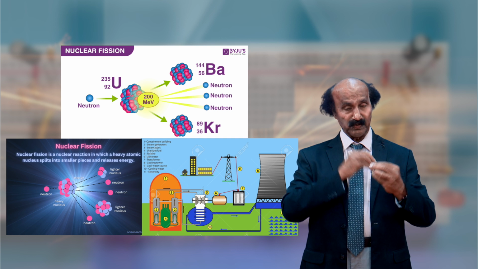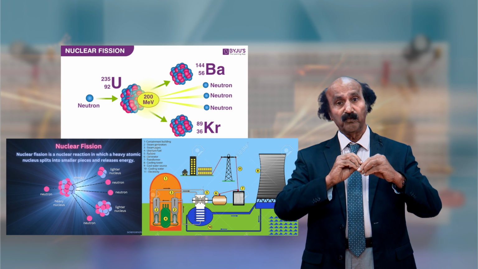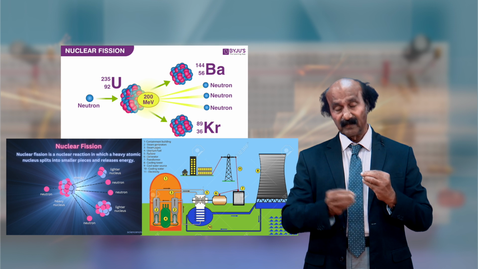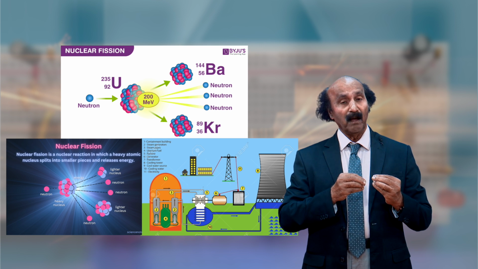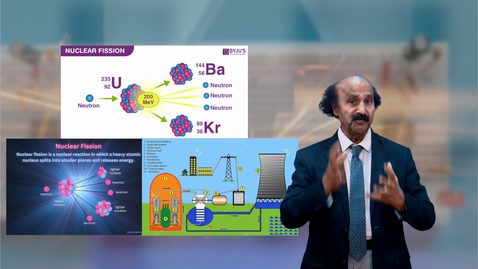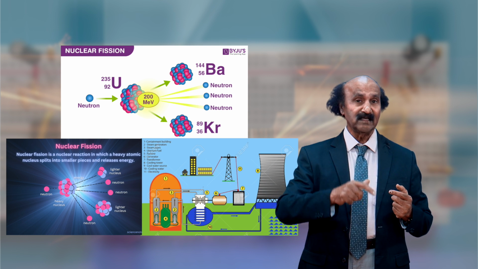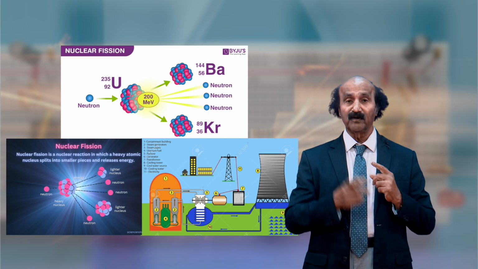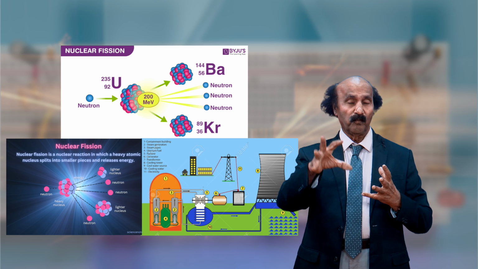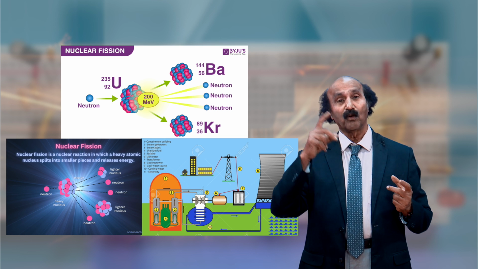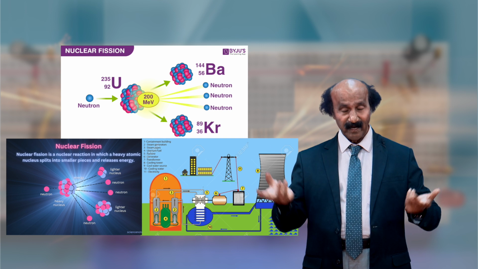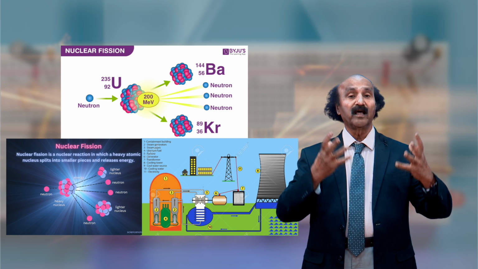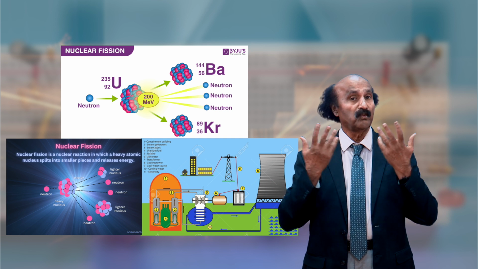If you make use of this particular technology very carefully, you will be able to produce sufficient energy that can be converted into heat energy. Heat energy can be pushed into steam, and that steam can rotate a generator, and that is how you get electricity, and that is how you get nuclear power throughout India and throughout the world also.